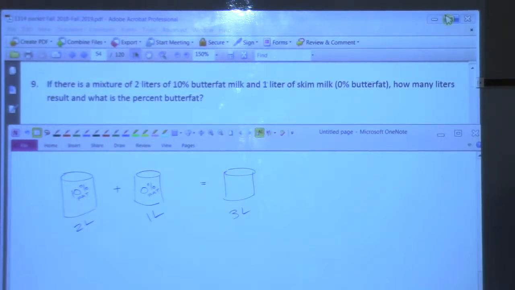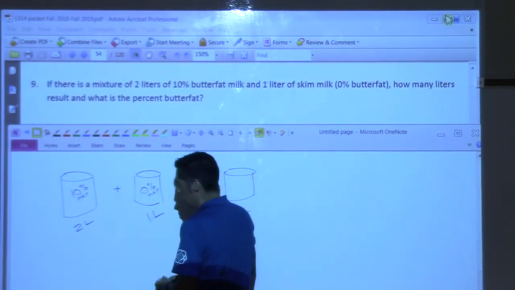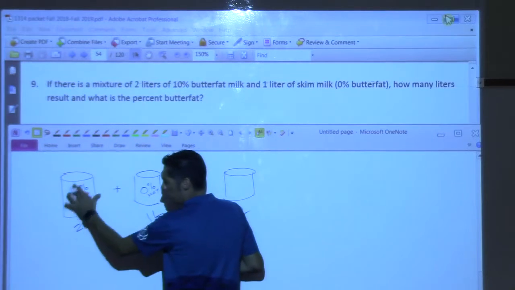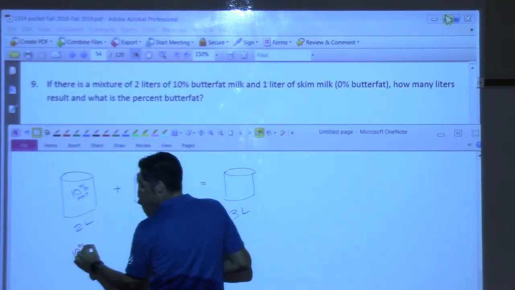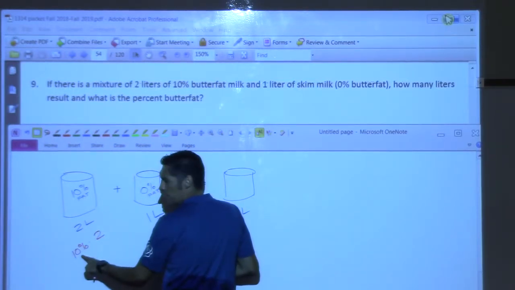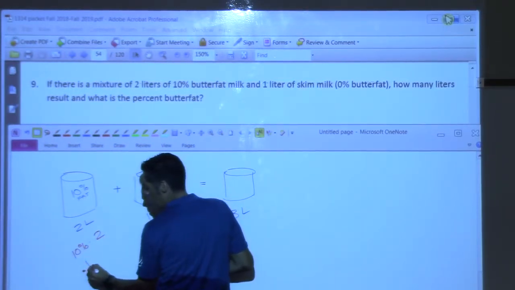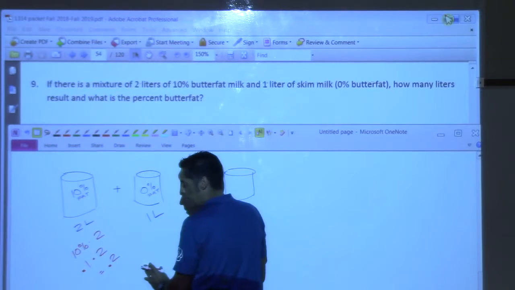How about Becca? Becca, you understand what we did in the last one? Okay, so what's the computation I'm going to do for this one? 10. So 10% times 2. And then turn that into a decimal, 0.1 times 2, right? And that should give you 0.2, all right?